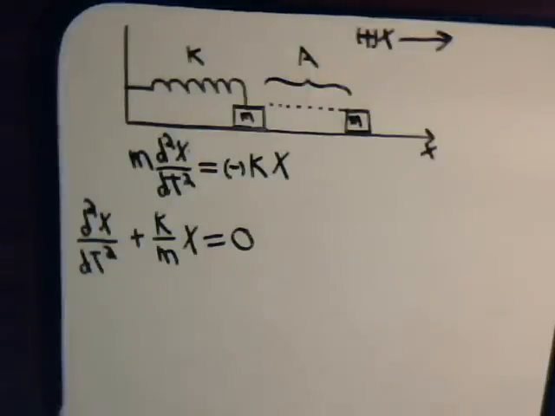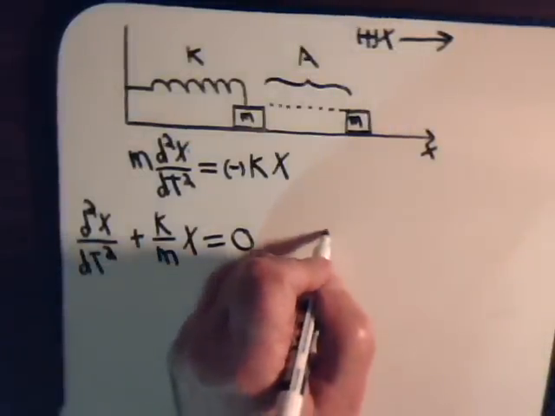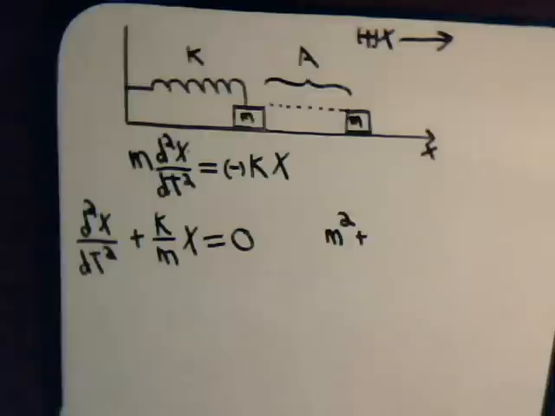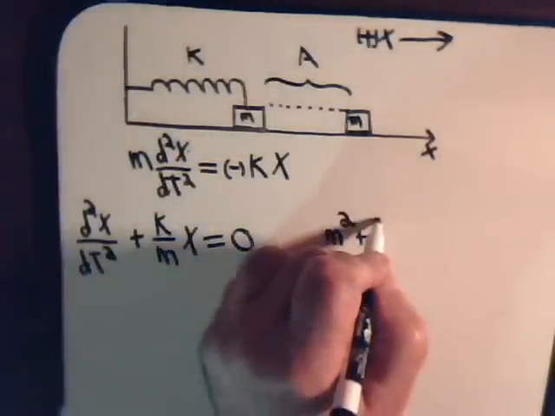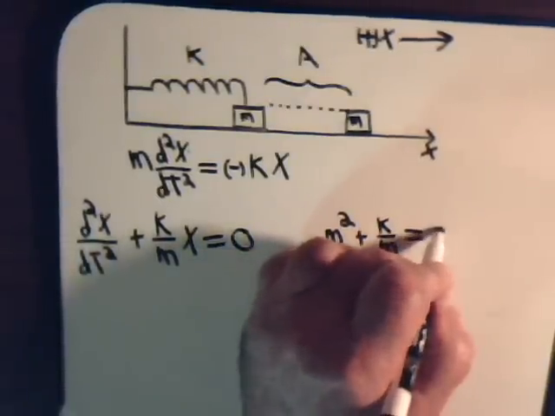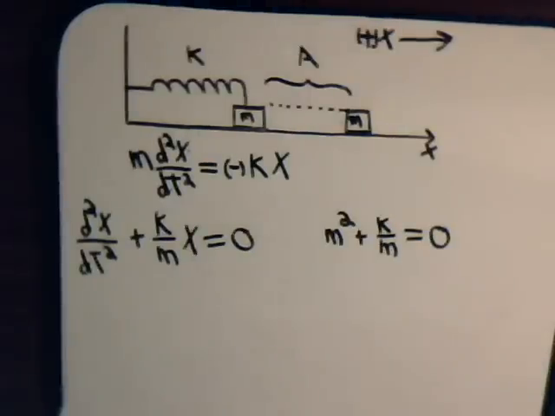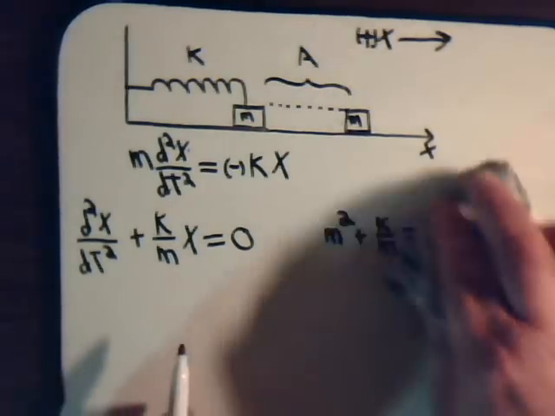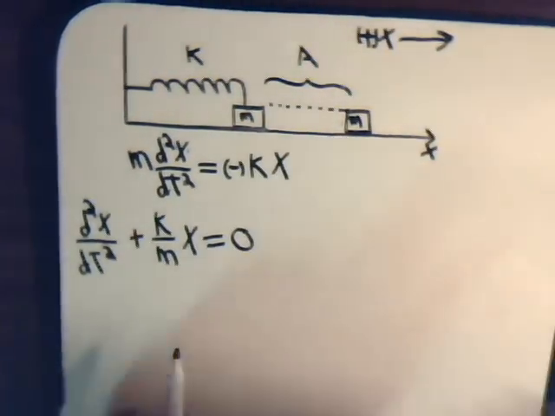It's very simple, but let's just do it formally. Typically the first step is to write the auxiliary equation, where we would say m squared plus k over m equals 0. Oh, we shouldn't use m squared here, that's going to be confusing. Let's use q in the auxiliary equation.